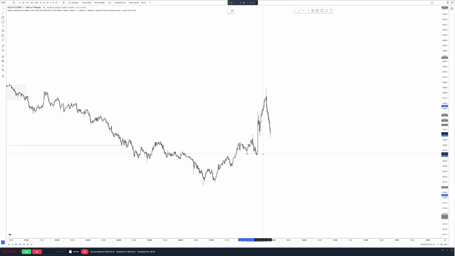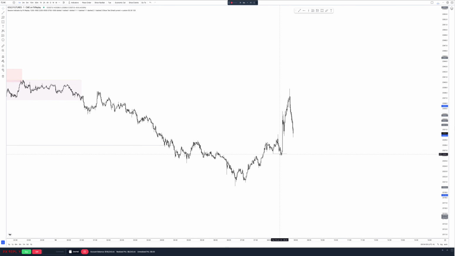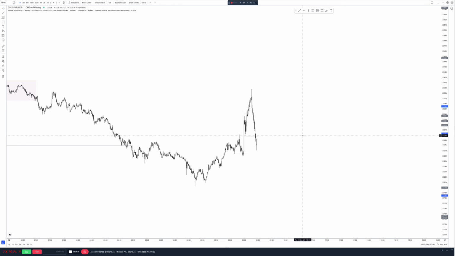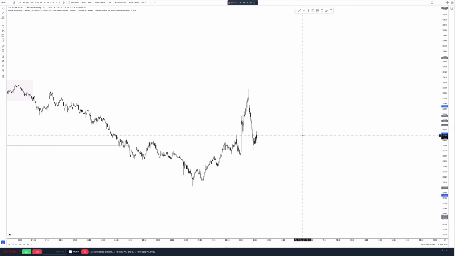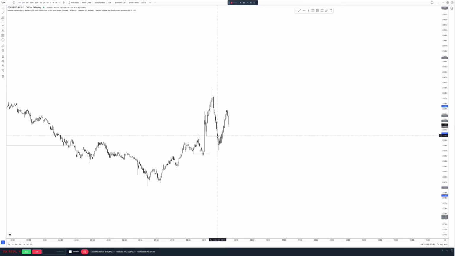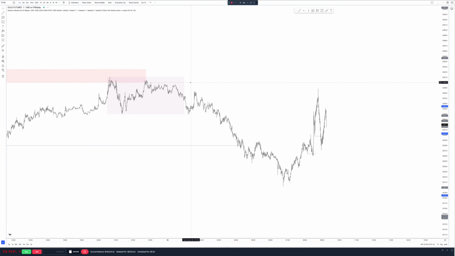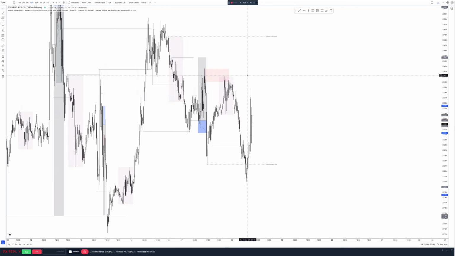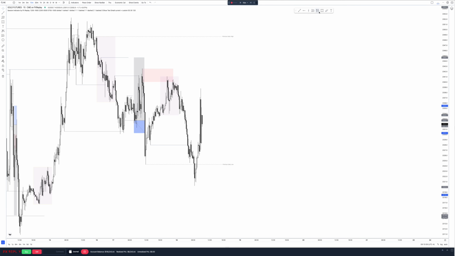Let's see. Don't think it should come below here. This low just got swept. All right, so now sellers are induced, right? We are coming out of. Go on the 15 real quick. We are coming out of this area right here.